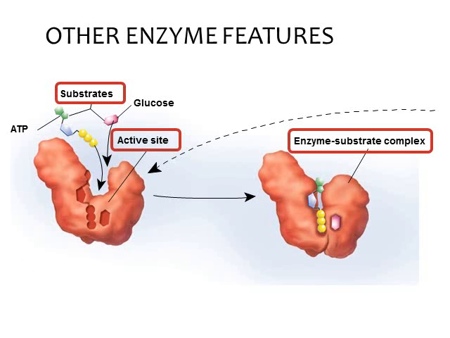So we're going to look at some of the features of enzymes. Here, the enzyme is the pink molecule, and we're going to have ATP interacting with glucose. Those are our reactants, or we're going to call them the substrates. These substrates, the ATP and the glucose on our left-hand side, are going to fit into a part of the enzyme called the active site.